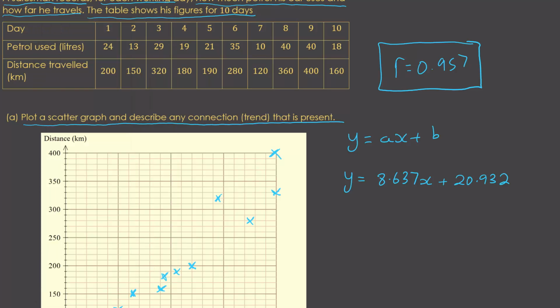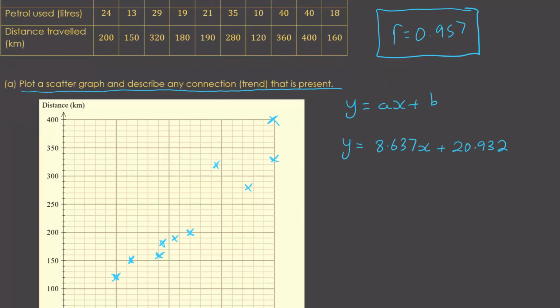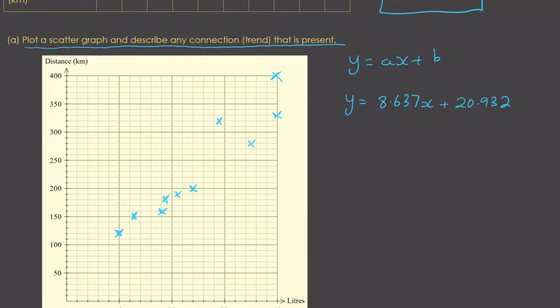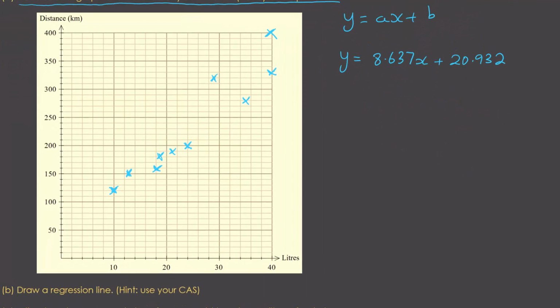We want to add that line to this graph. Now, clearly we can see from here that the y-intercept is at about 21. So, about there. Now, if I put x equal to 40 and calculate this, let's see what happens.